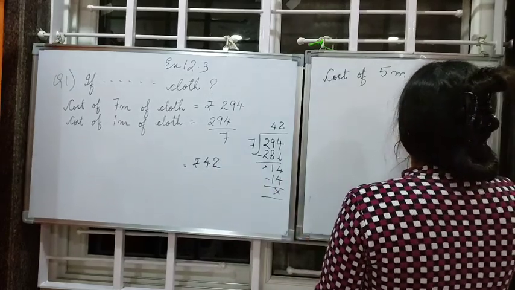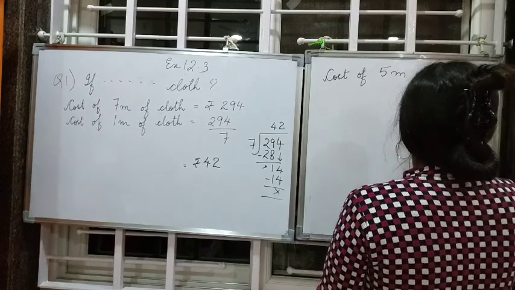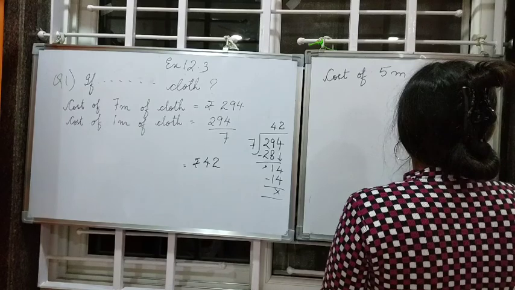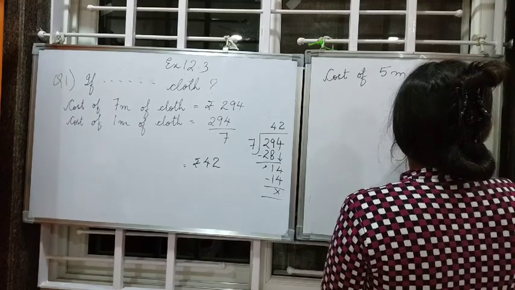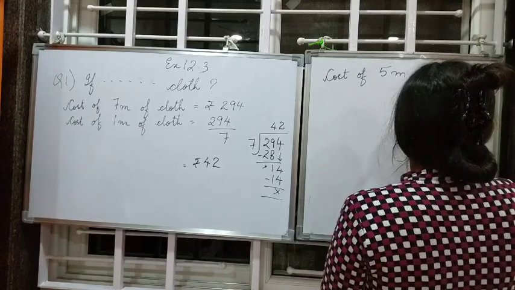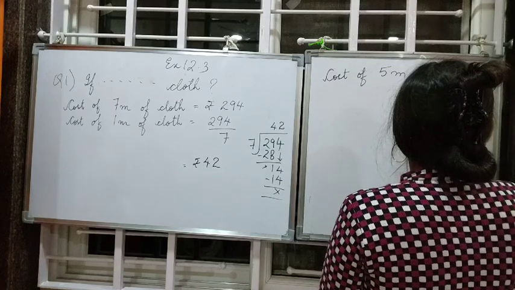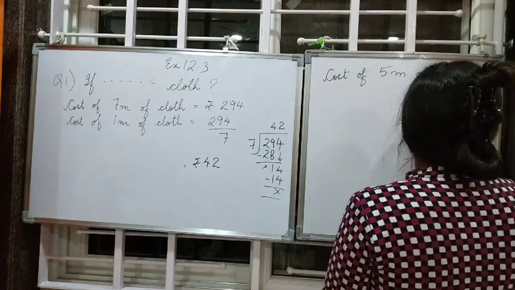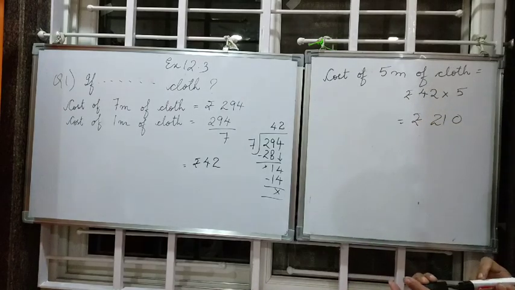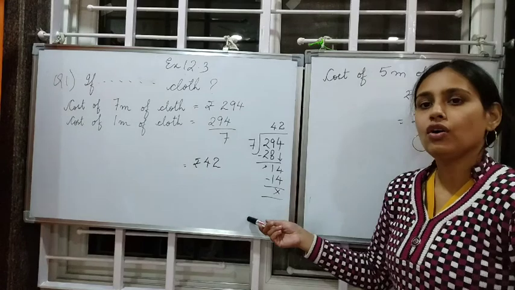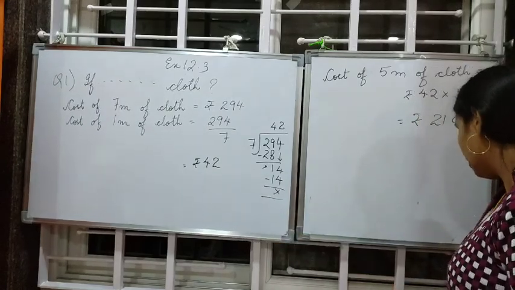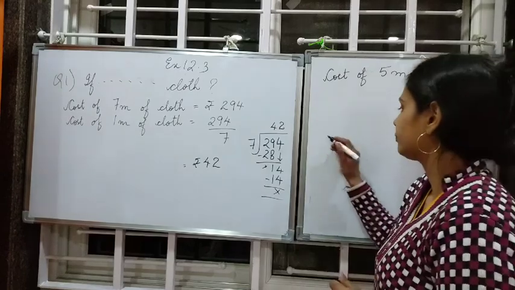Rupees 42 into 5. 5 twos are 10. 5 fours are 20. 21. So this is rupees 210. And this completes your question number 1. Then we start with question number 2.